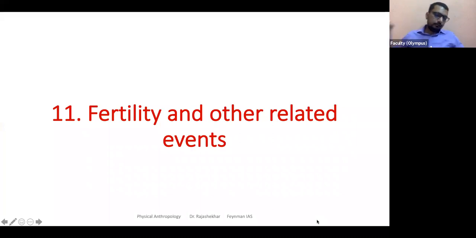So this unit is fertility. It is to do with fertility. Okay, and there are three sections to this. The first section asks about the relevance of menarche, menopause, and other bio events to fertility, and fertility patterns and differentials.